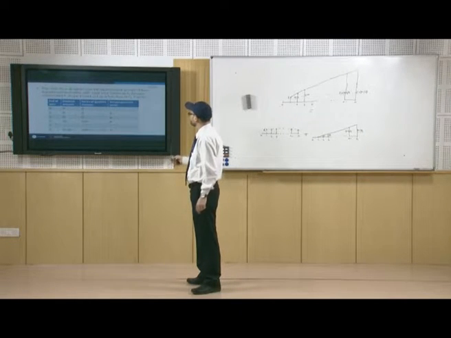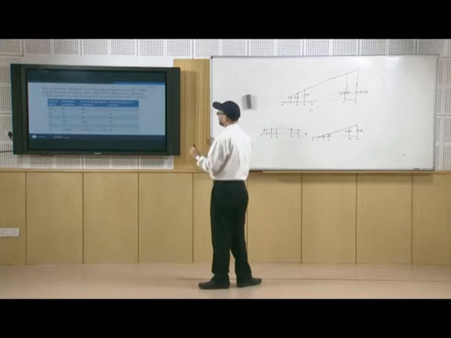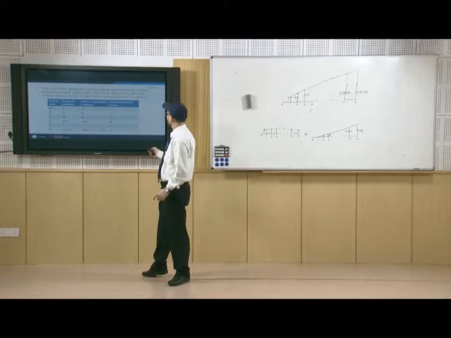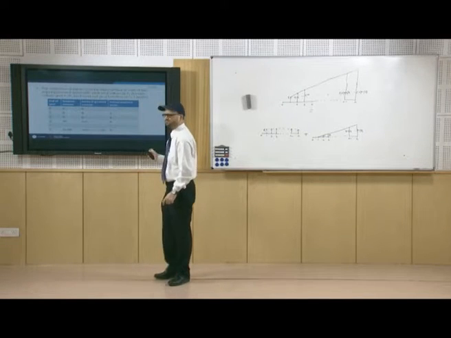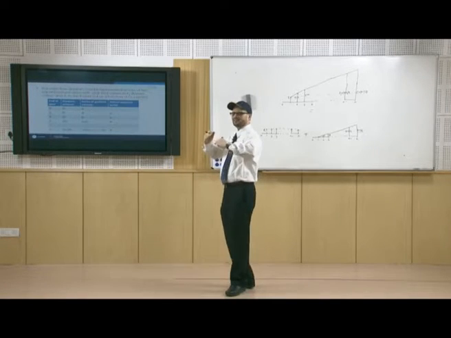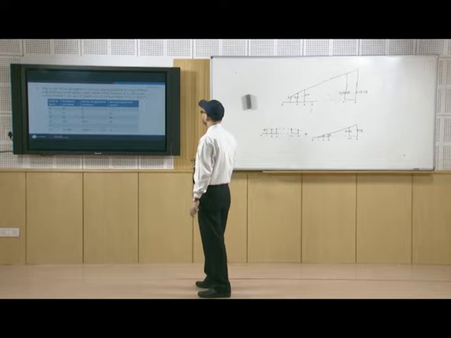So, this series should be equivalent to this series, where a series of such type will have the equal year end payment of amount A. If you try to find the equivalent, the summation of all this should equal the summation of this, and this way we can find a relationship between A and G.